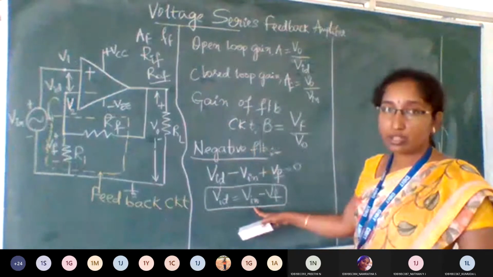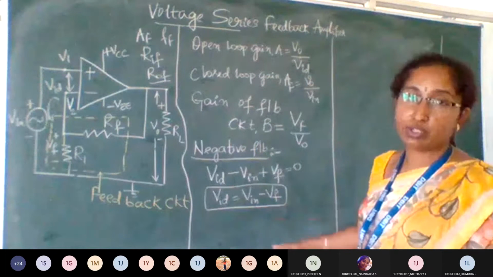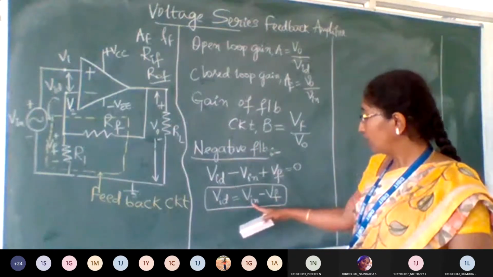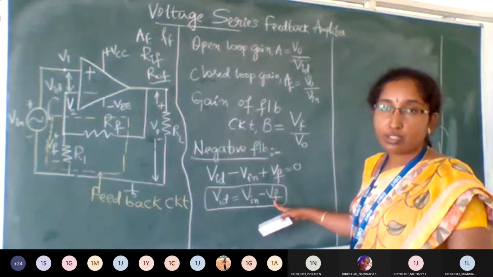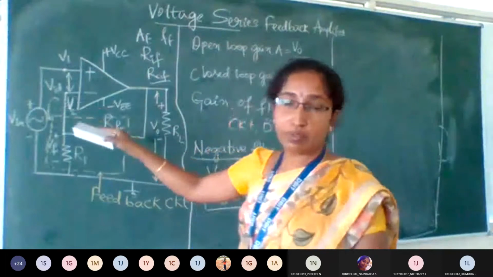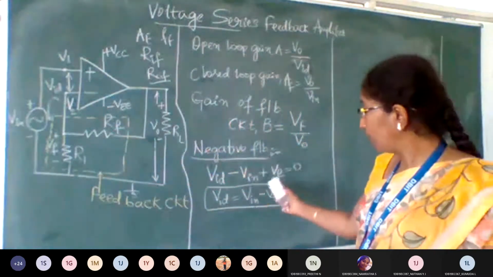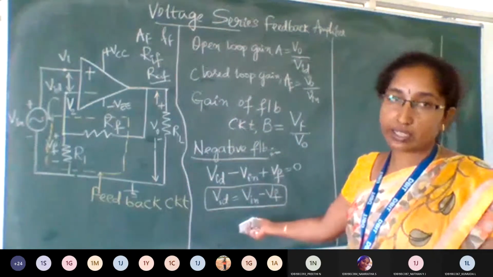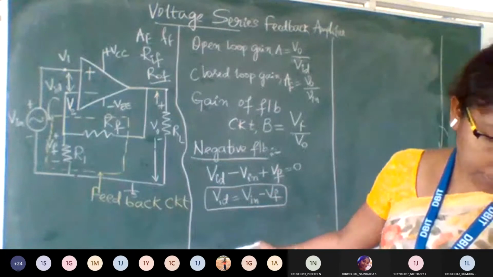Vin is the input voltage applied to the non-inverting terminal, and Vf is the feedback voltage. So always the input voltage is subtracted with the feedback voltage. So this feedback voltage is going to be opposite to the input. Just to tell you, the feedback voltage opposes the input voltage. So for that, this is the expression. Is this clear with the first expression?